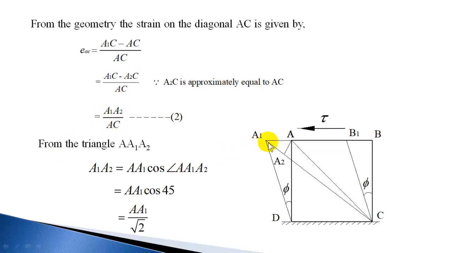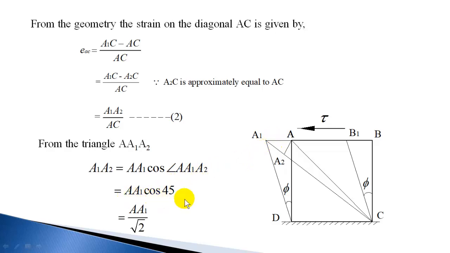Now let us go to this triangle A1A2. This angle is approximately equal to 45 degrees. So you can write A1A2 as AA1 cos of this angle, that is angle AA1A2, and this angle, as I mentioned, is approximately equal to 45.